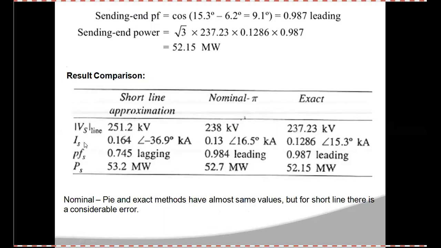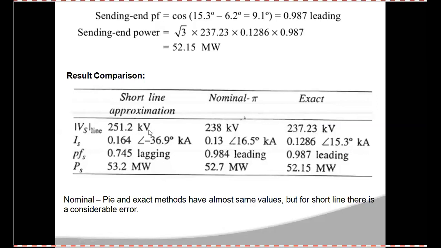Okay, and the sending end current for short line approximation is 0.164 at an angle of 36.9 degrees in kiloamps. For nominal pi it is 0.13 at an angle of 16.5 degrees, and for exact solution it is 0.1286 at an angle of 15.3 degrees, in kiloamps.